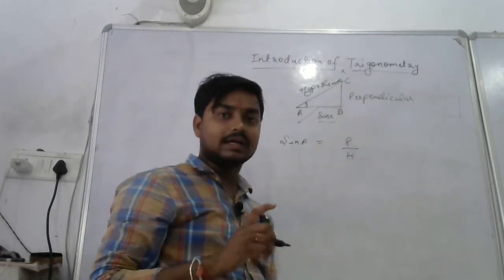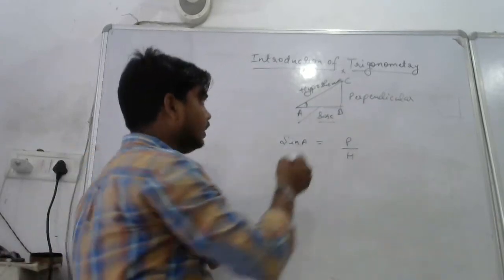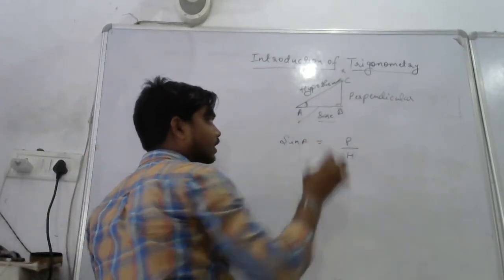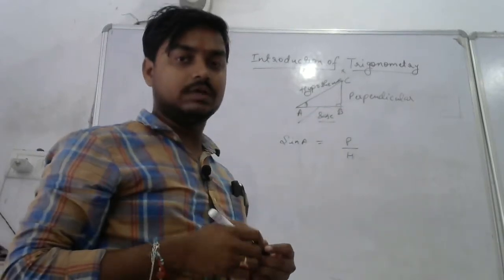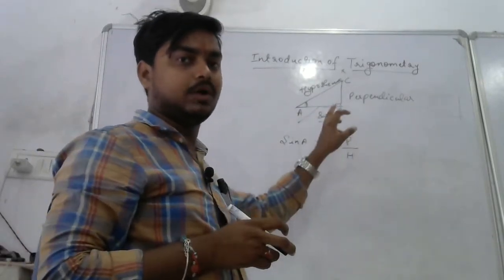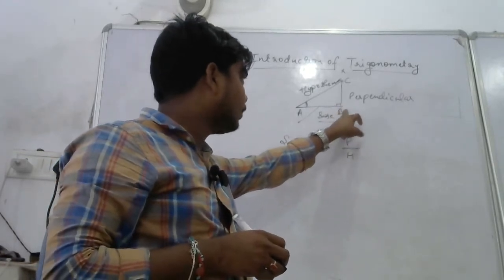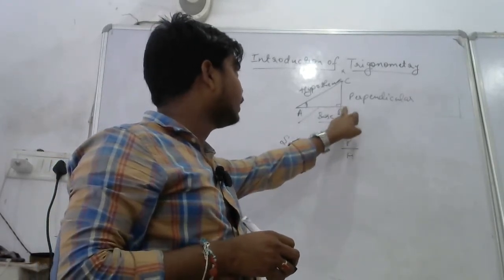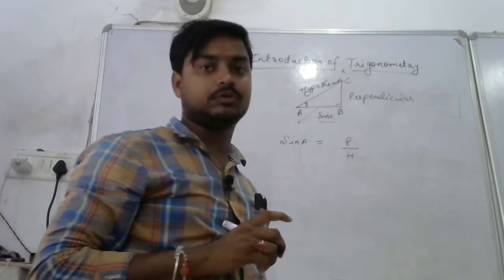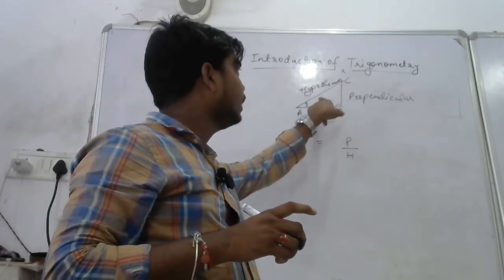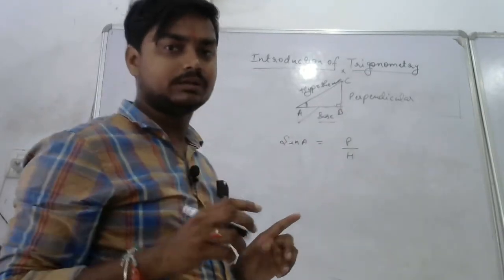In a right angle triangle, here the right angle is at point B, and the perpendicular is at point B. Opposite to the perpendicular, we always have the hypotenuse. In a right angle triangle, opposite to the right angle there is the hypotenuse.